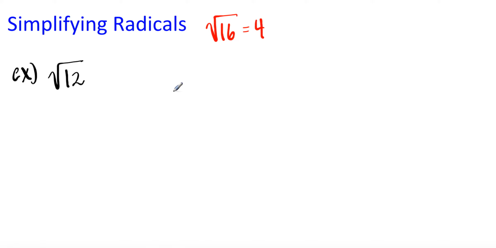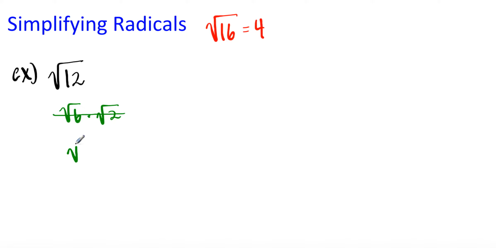So what we're going to do is look for factors of 12 such that one of the factors is a perfect square. So I could break the square root of 12 up into the square root of 6 times the square root of 2, but neither one of those are perfect squares. So that won't work.